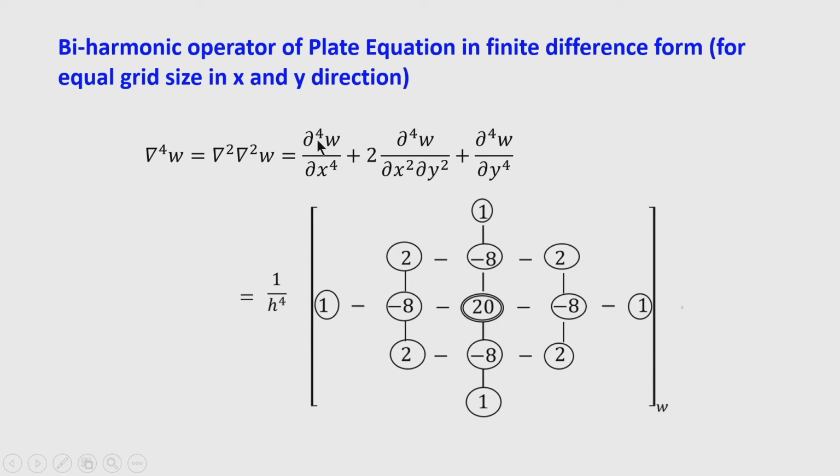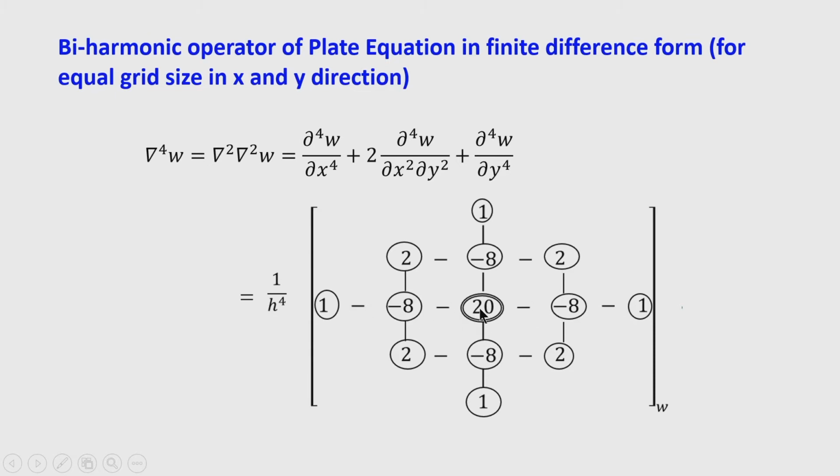So, now after expansion that can also be written as del to the power 4 w by del x to the power 4 plus 2 del to the power 4 w by del x square del y square plus del to the power 4 w by del y to the power 4. So, after collecting all the terms, the appearance of this del 4 w is like that. You can see in the central horizontal line, the stencil has to cover 5 points.